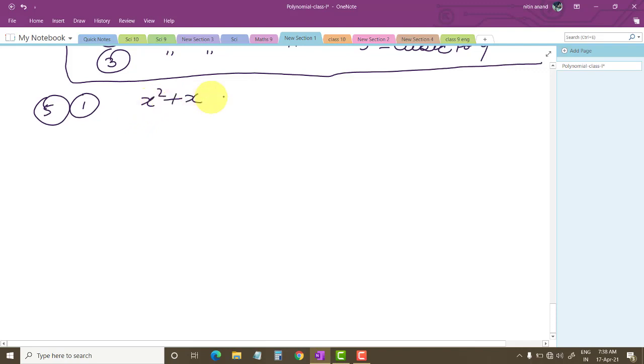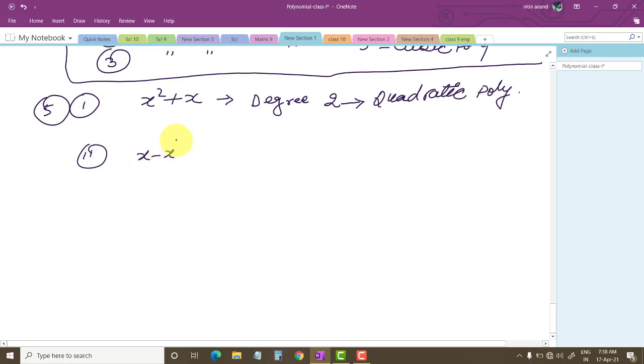In this polynomial our degree is 2. If the degree is 2, then this polynomial is known as a quadratic polynomial. Now the second question is x minus x cube.